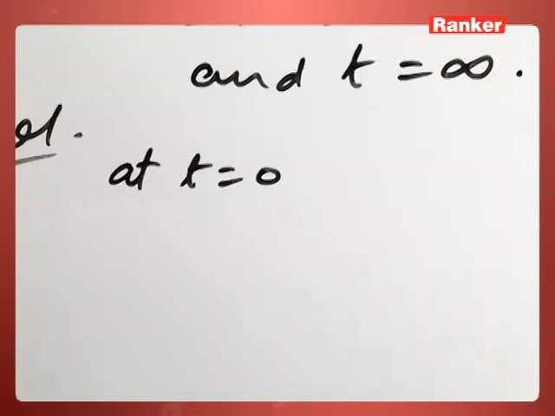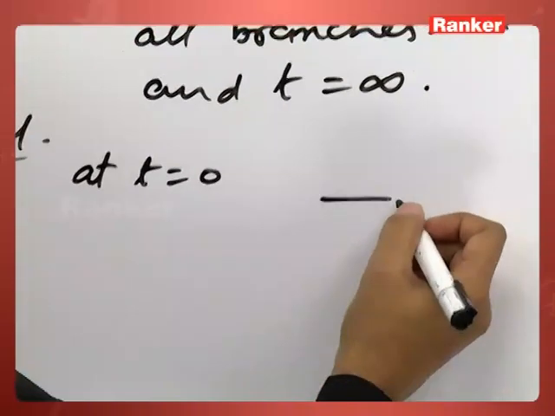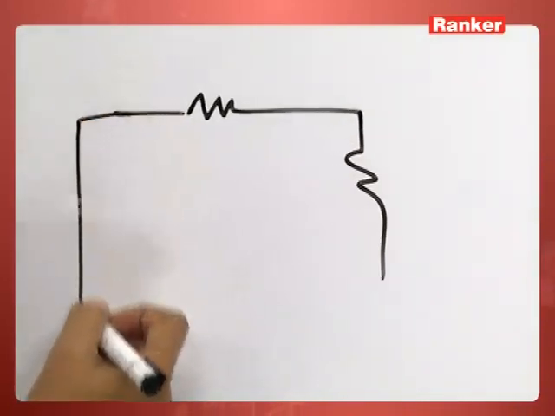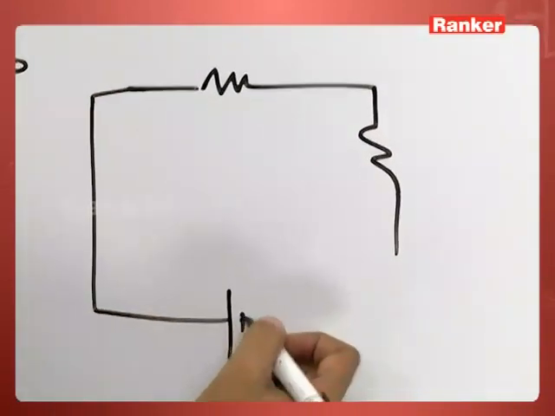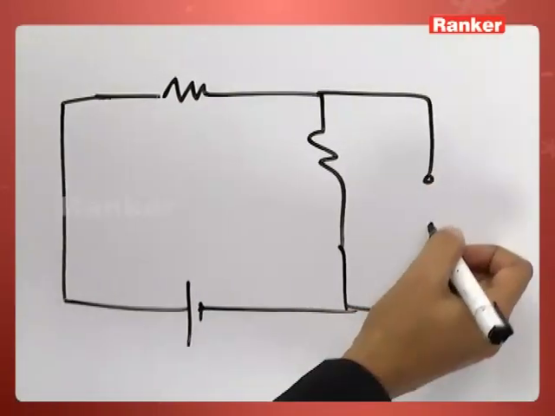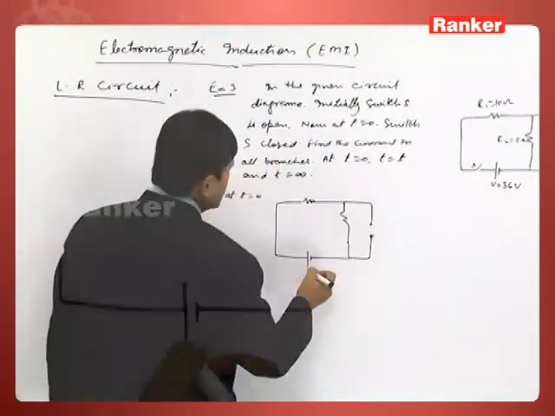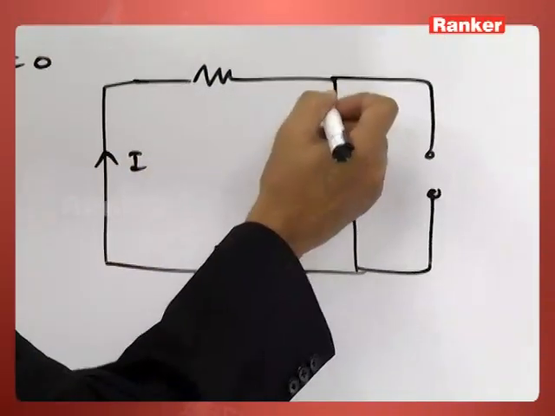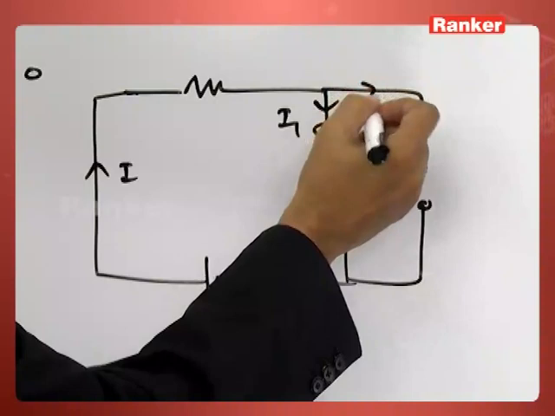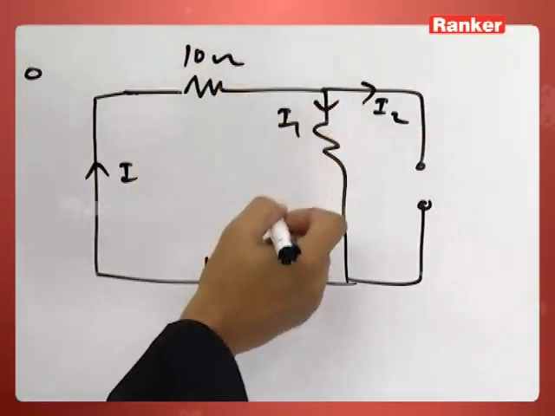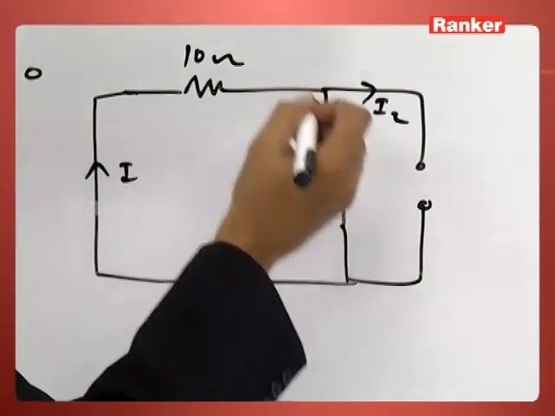See, at t is equal to 0, our circuit diagram will be like this. As I told, at t equal to 0 inductor acts as open like this. So if this is your 36 volt, here current I, let current here be I1, here I2. This is your 10 ohm and this is your 5 ohm.